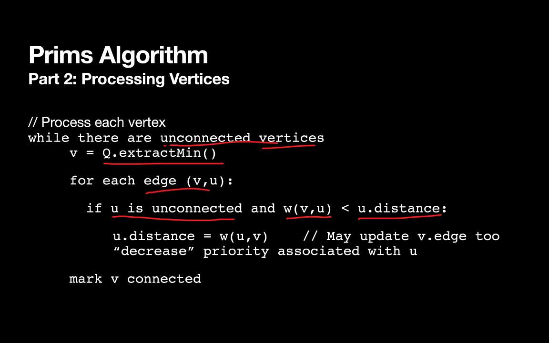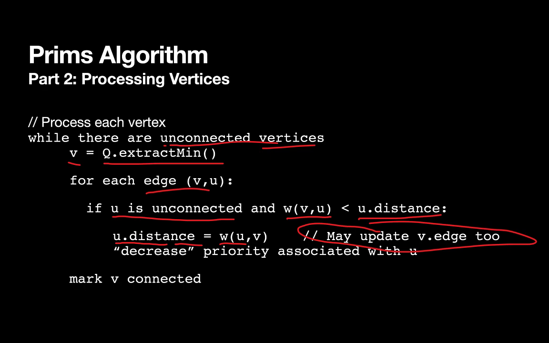And if so, we'll update the overall distance that we can achieve to get to this new node on the opposite side of our V node, and update the corresponding priority. By the way, this would be the step where you keep track of the edge that's being used as well. So if you're truly building a spanning tree, you're mainly focusing on constructing a set of edges, and this is one of the places where you're changing which edge might be selected for your final set of edges.